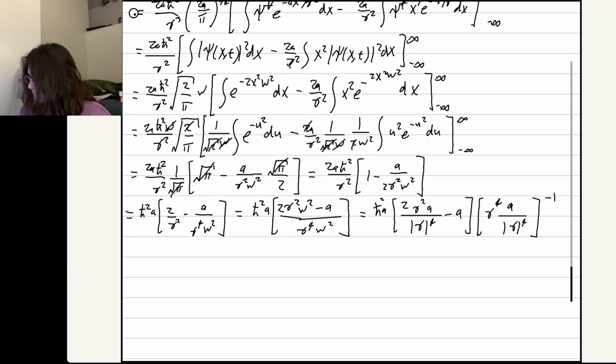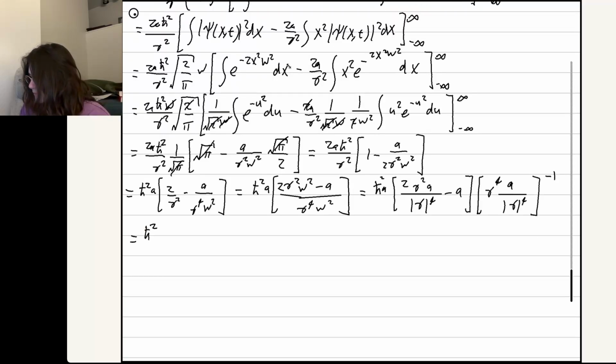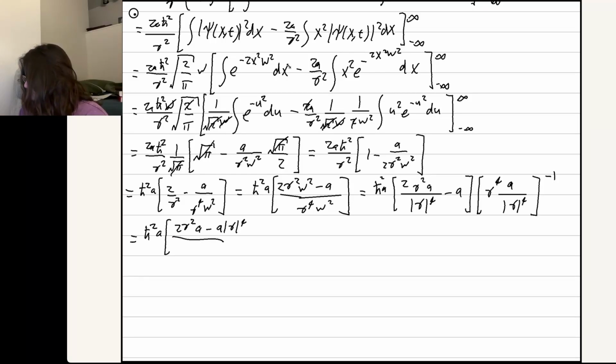Okay, so in that first set of square brackets, we're going to combine these into the same fraction again, and we'll have gamma 4th here, and then in the second square brackets I'm going to invert it, so it'll be mod gamma 4th over gamma 4th a.